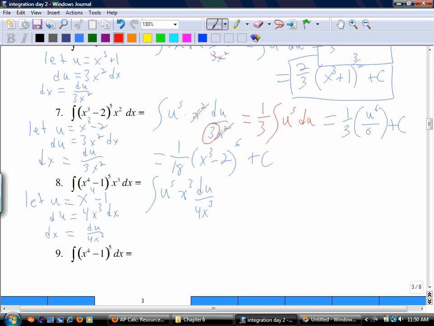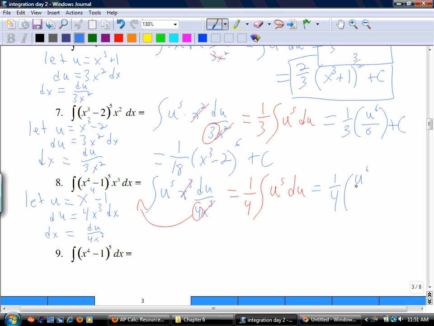And again, the whole point of these is to cancel things out, right? And what do I do with the 4 on the bottom again? Yeah, put it out front. The x cubes are gone. The 4 jumps out in front. So this ends up being 1/4 times the integral of u to the 5th du, which is 1/4.